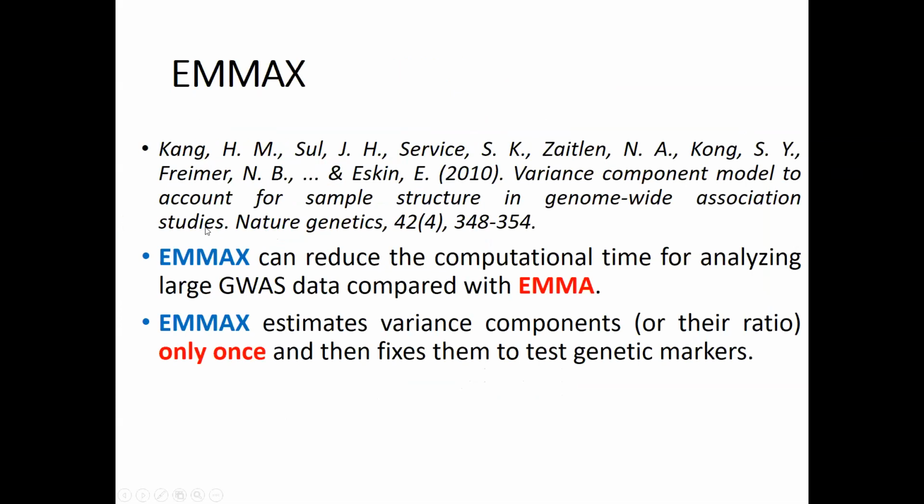EMMAX can improve computational efficiency when analyzing large GWAS data compared with EMMA. Also, EMMAX estimates the variance components and their ratio only once and then fixes them to test all the genetic markers. That's why EMMAX is faster than EMMA.